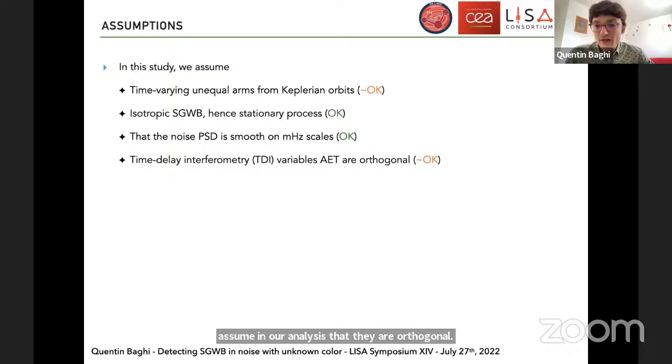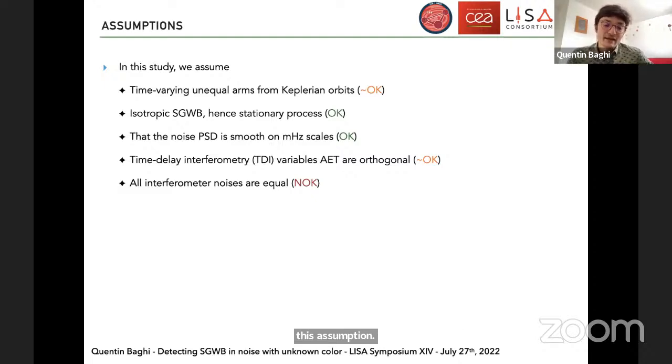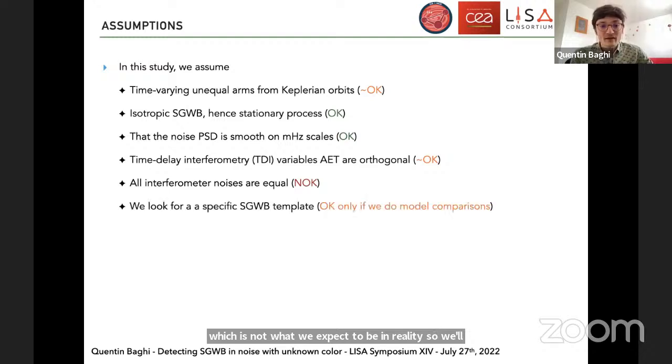This is okay in first approximation. We've also tested this assumption. And we make a strong assumption here also that all the interferometer noises have the same level, which is not what we expect to be in reality. So we'll have to relax this assumption in the future.